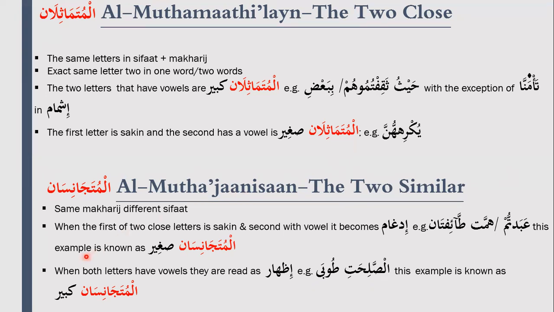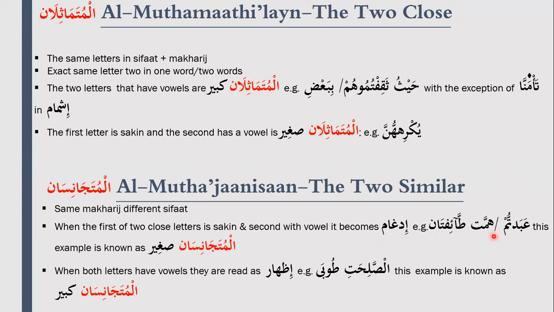We move on to our second category, mutajanisan. It is when there's the same makharij, the same articulation point, but different characteristics. When the first of the 2 letters is sakin, meaning it has no voweling on it, and the second is a voweled letter, it becomes idgham.